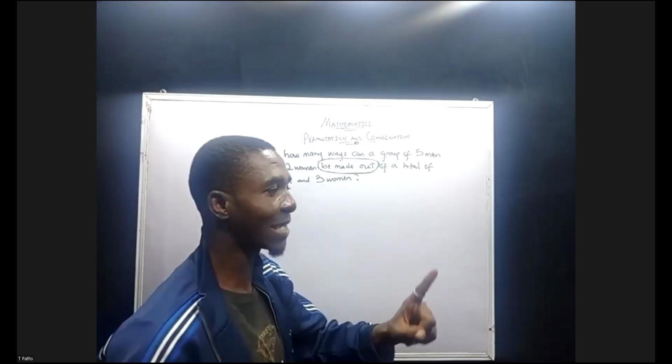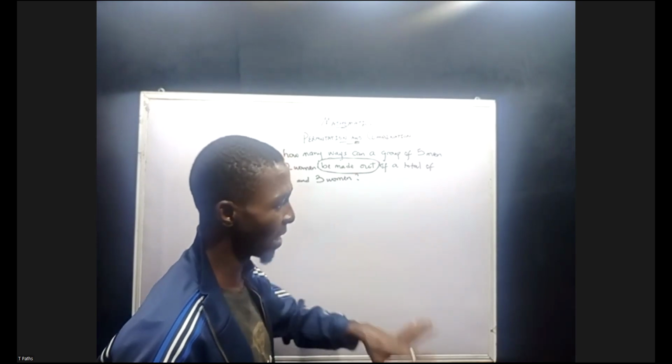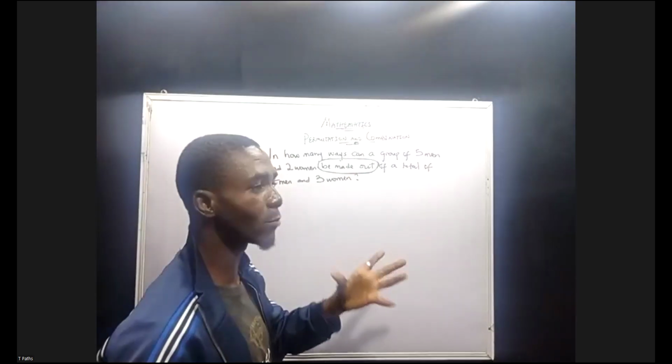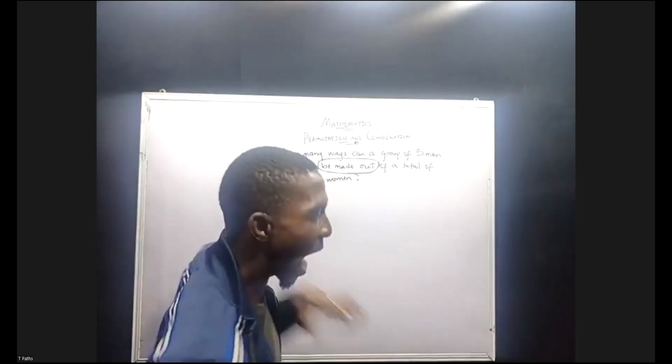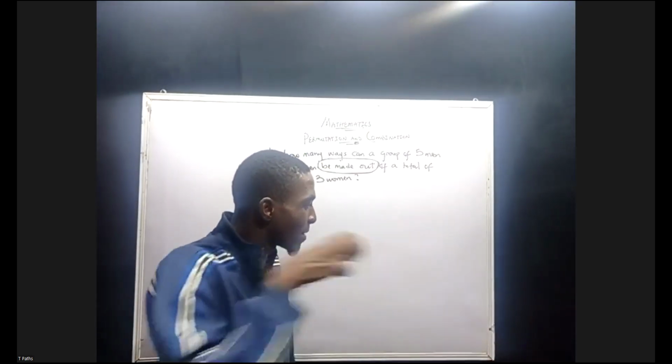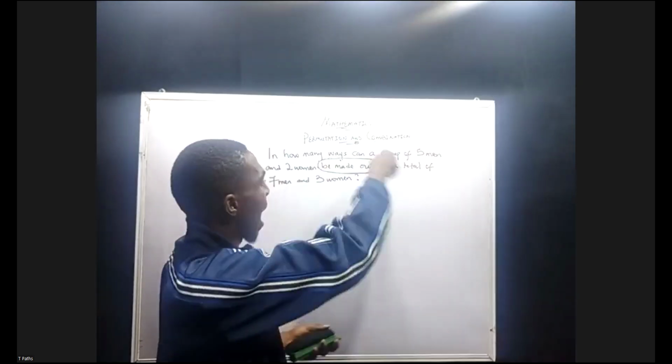And remember, I said permutation deals with arrangement, forming. Combination deals with selection, choosing. When something is made out, that means you are choosing something out or selecting them out of it. That is why I circled that word, be made out.